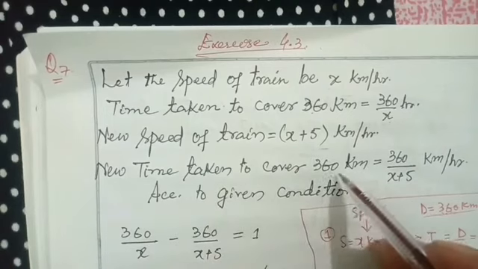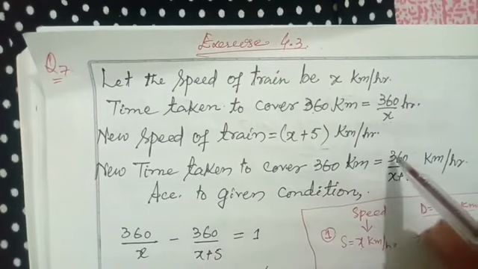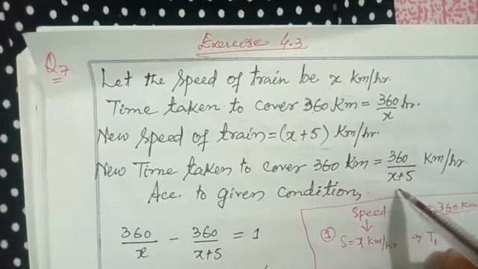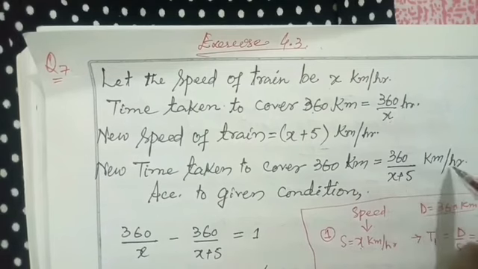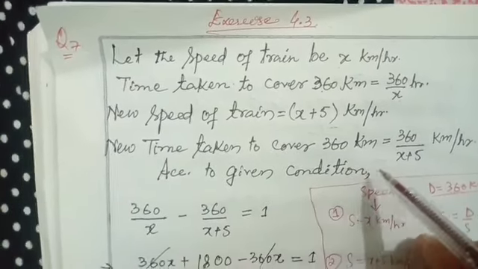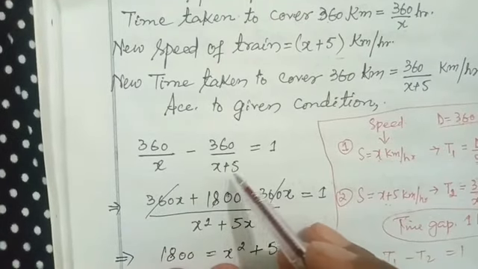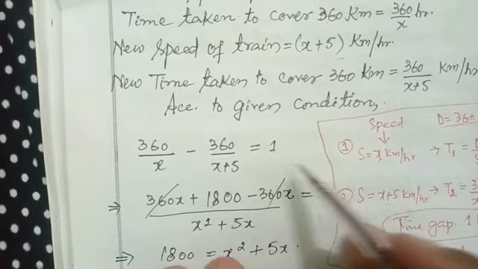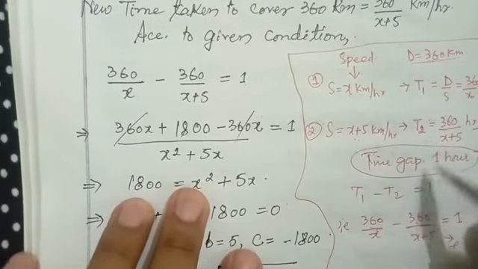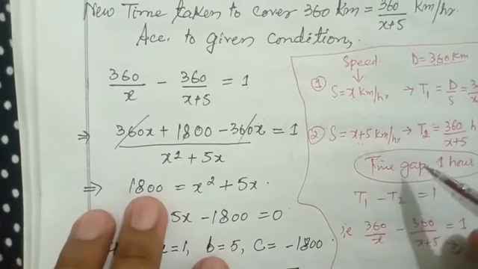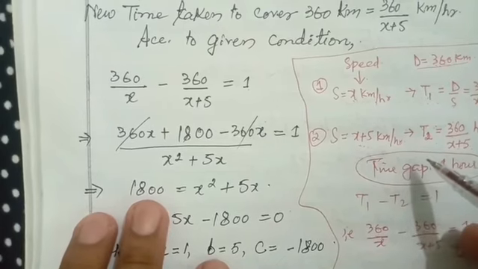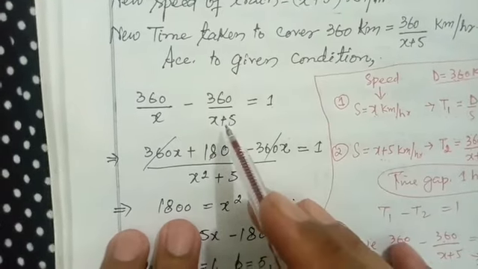New time to cover 360 km is distance by speed, that's 360 by x plus 5 km per hour. According to the given condition, we can write 360 by x minus 360 by x plus 5 equal to 1. That I explained here. You need to understand this. You can pause and also you can go back to understand why I wrote this equation.